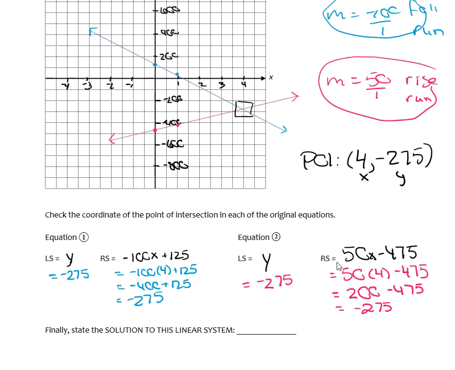So this tells us that the point of intersection is on the pink line.